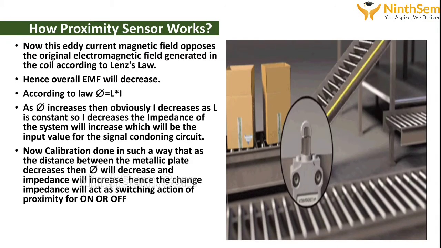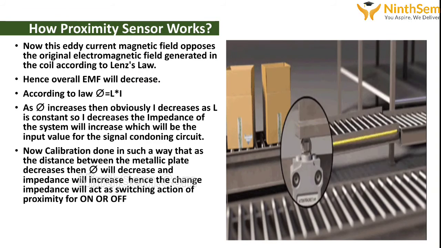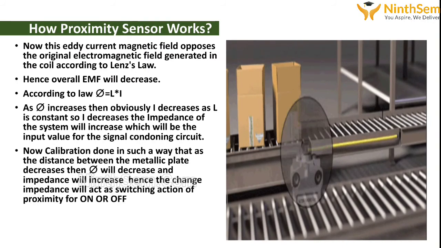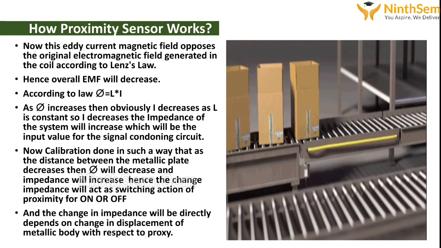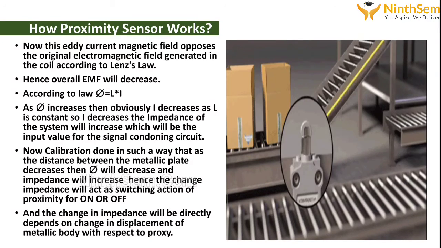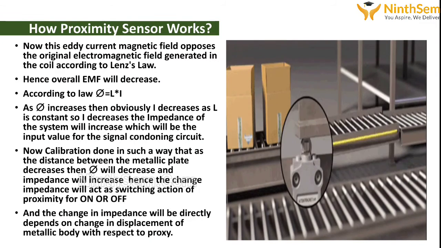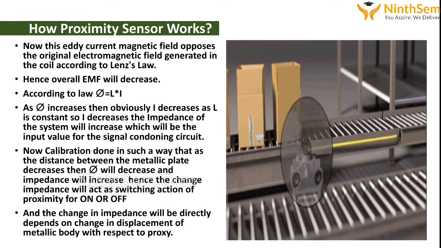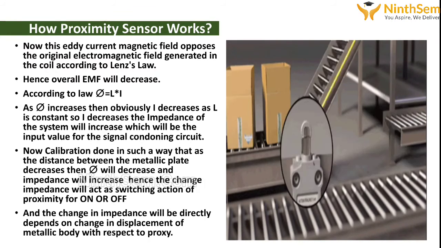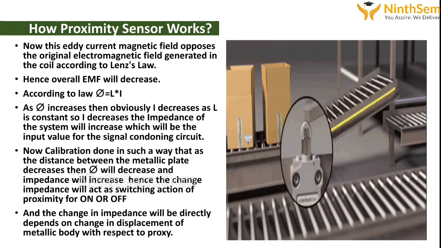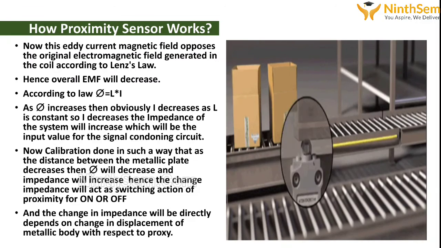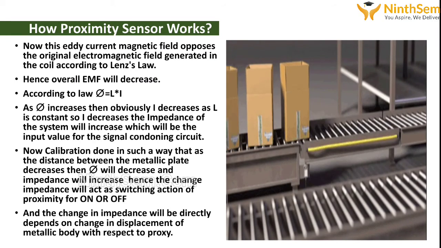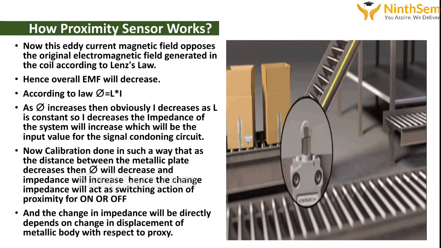Hence, the change in impedance will act as a switching action of the proximity sensor for on or off according to the movement of the object. The change in impedance directly depends on the change in displacement of the metallic body with respect to the proximity sensor. Thus, the displacement of the metallic body with respect to the active face leads to a change in the impedance.